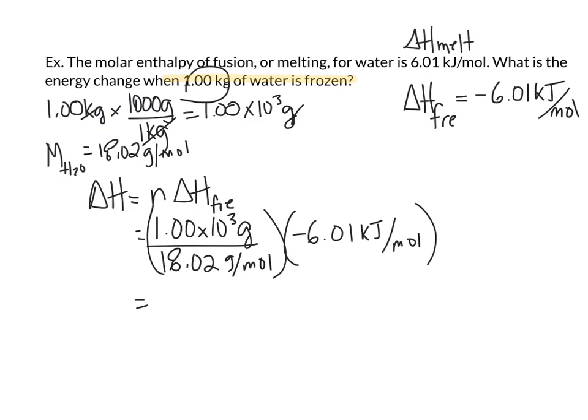So when you do your math, you get 333.518 kilojoules, and it's negative, so it's exothermic. And we have 3 significant digits in our initial data, so our answer is 334 kilojoules of energy is released.